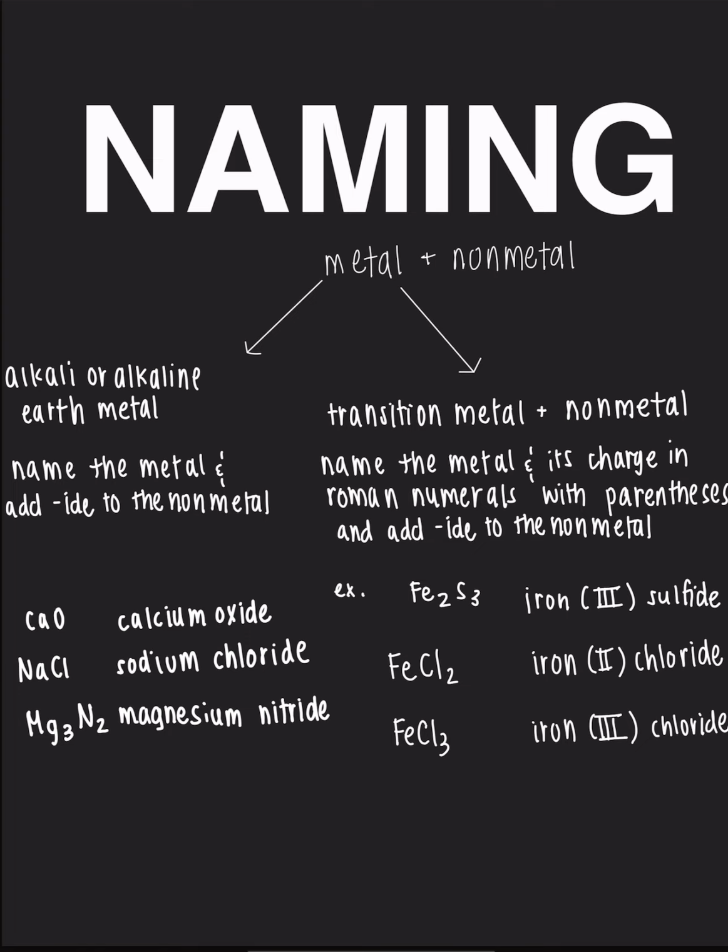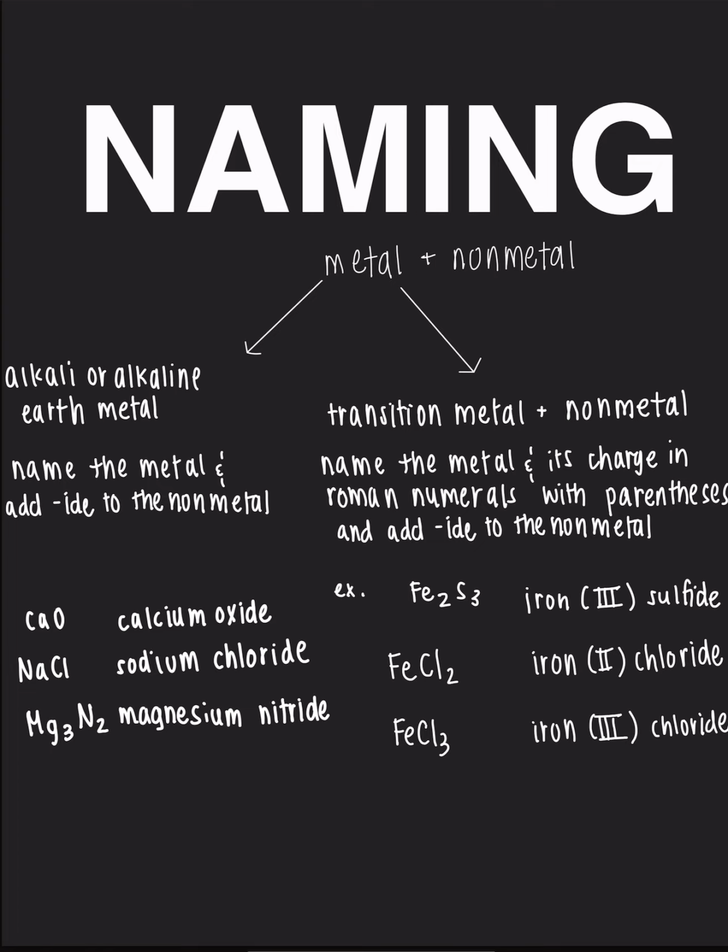I didn't realize that the metal could actually change and be different. So you can have iron 2, or you can have iron 3, you can have copper 2, and you can have copper 3. It didn't really click that having that change in charge will also have a change in the formula. And so it does matter, ultimately, is what I'm trying to tell you.